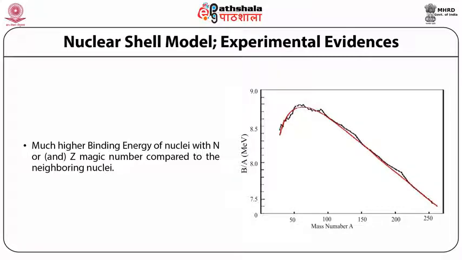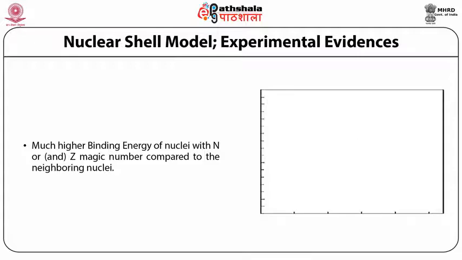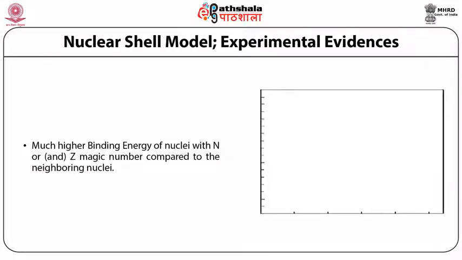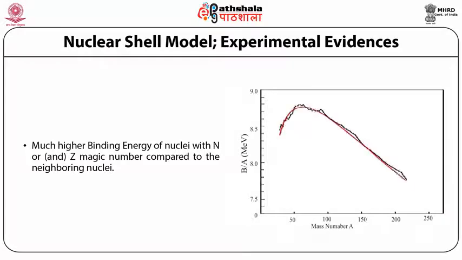We observe that there are some kinks in the black curve. It does not completely fit the theoretical red curve, but there are some kinks or falls from this pattern, which indicates that the binding energy per nucleon at these mass numbers is different from what it should be as per the Bethe-Weizsäcker mass formula.